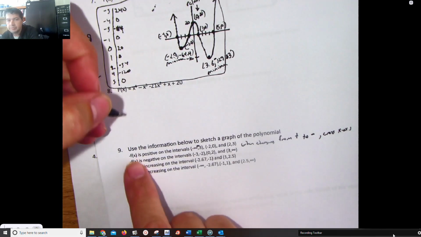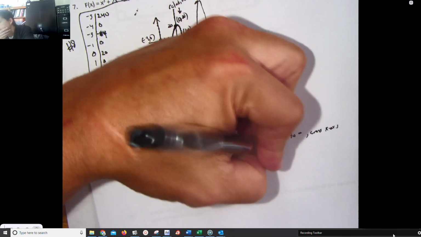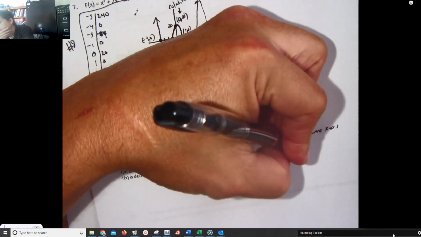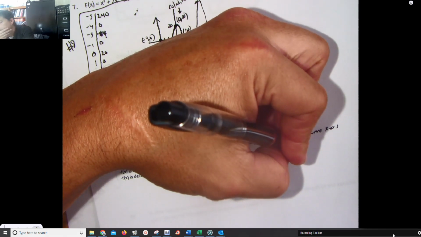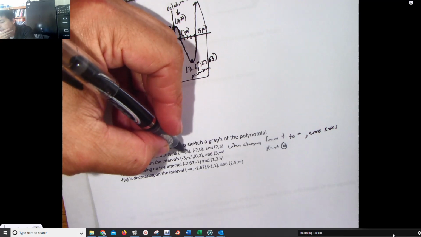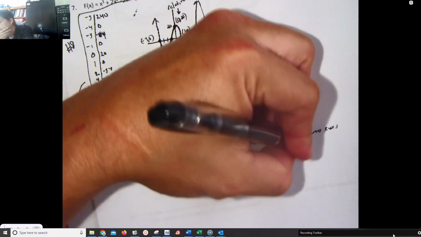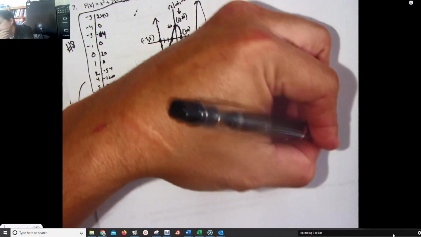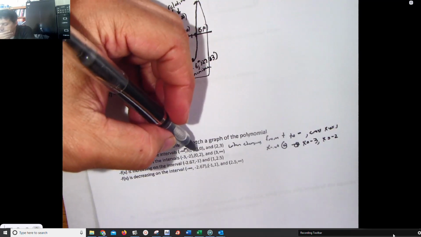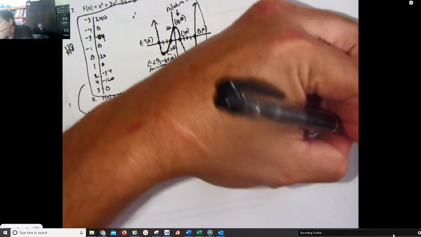So what these two things are really telling me is where I have x-intercepts. There are x-intercepts at x equals negative 3, x equals negative 2, 0, 2, and 3. 1, 2, 3, 4.